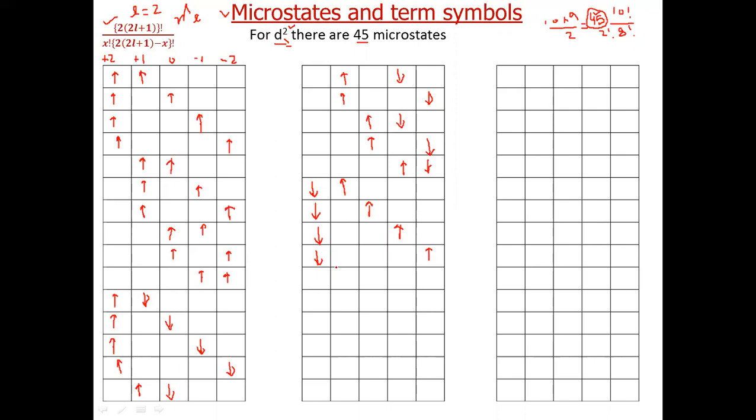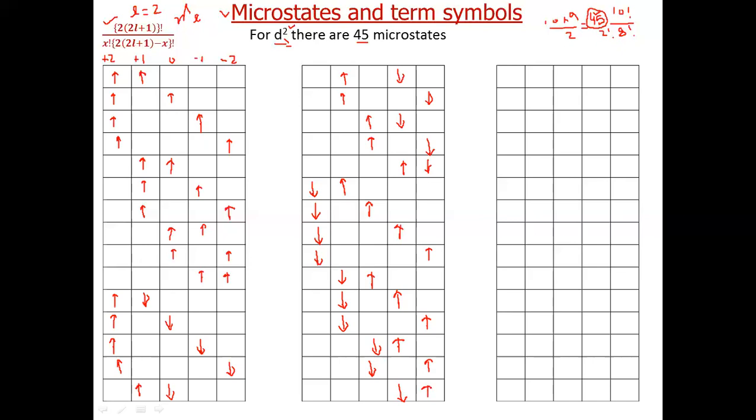Now move this electron to the next step. This downward, this upward, this downward, this upward, this downward, this upward. Now move it here, and again the same alternating pattern.